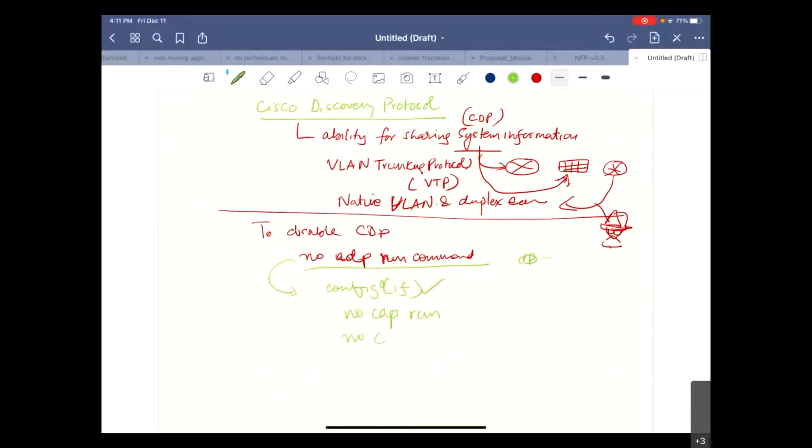Then no cdp advertise, that means don't advertise yourself to the other devices, in version 2. Then interface range fast Ethernet. These are the commands for a switch, especially a Cisco switch with a total of 24 ports, and no cdp enable. When you give it like this, only then can you disable this CDP.